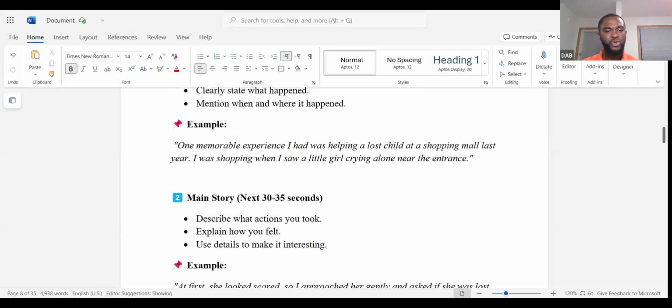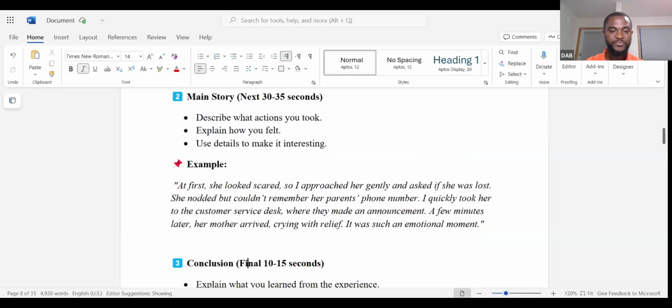Then you come to the main story. With the main story, you describe what actions you took, you explain how you felt, and use details to make it interesting. You are describing how it happened. For example, at first, she looked scared.